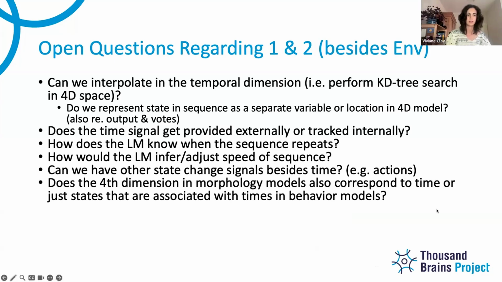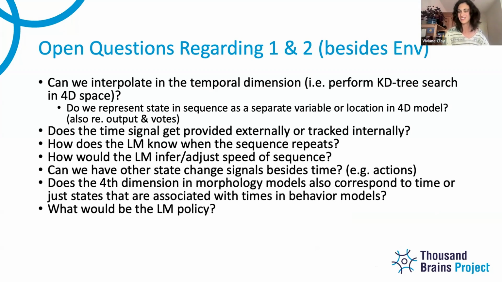Okay, nice. Another question, maybe related to the environment and setup: what would be the learning module's policy? As we touched on briefly, we don't want to do a smooth pursuit of the behavior, but when should the sensor be moving to learn that behavior? Or should it remain static while it goes through a sequence once, then move to the next location and go through the sequence again?